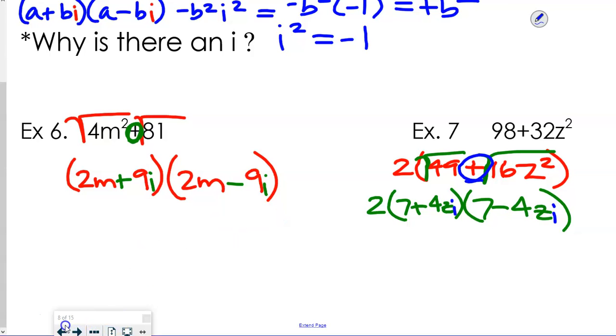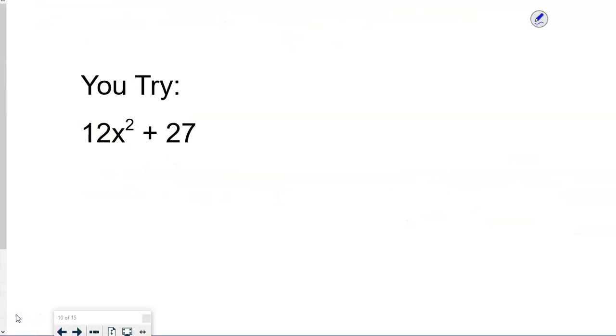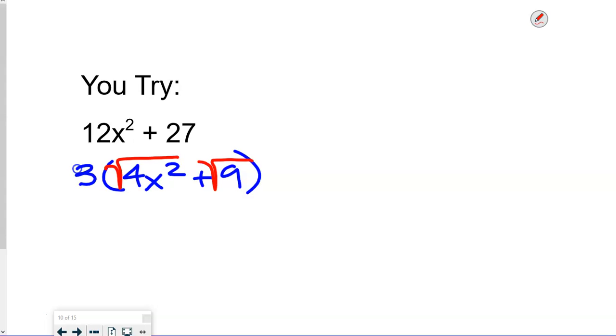See if you guys can do the next problem. Go ahead and do this problem, pause the video, come back to me when you're done. Okay, so I notice immediately that both of these have a factor of 3. Here again, both of these are perfect squares, right? So we're going to bring our 3 here.